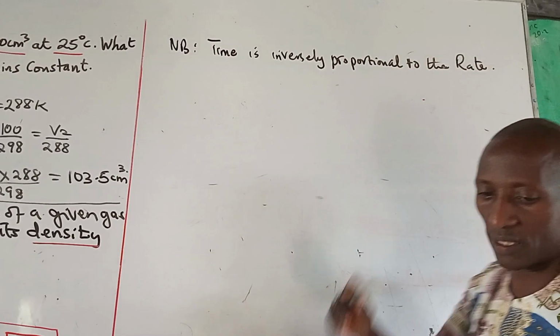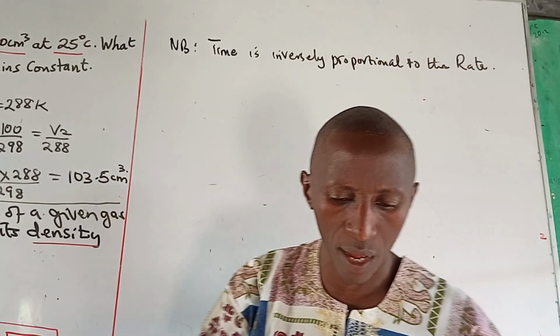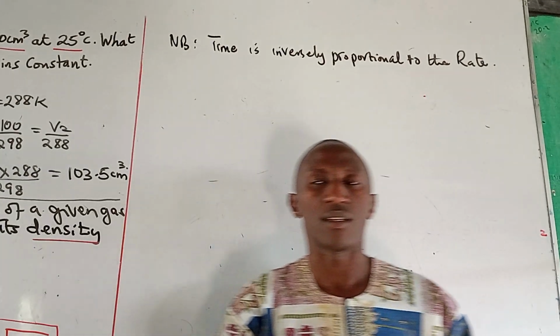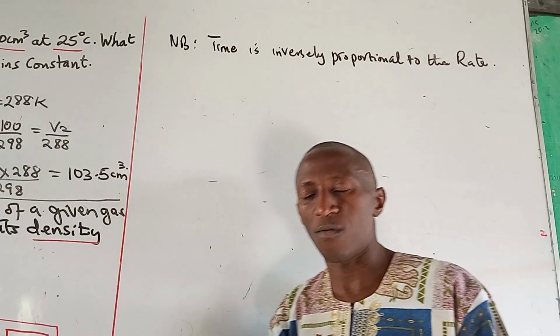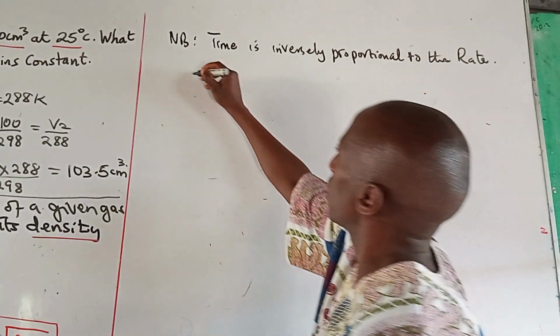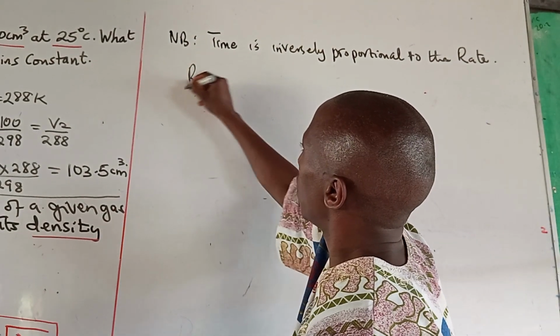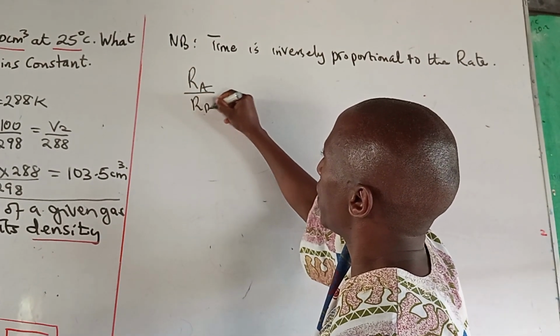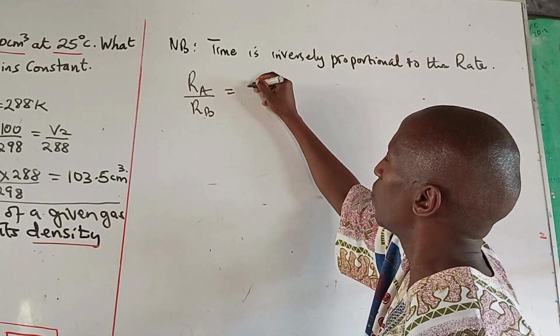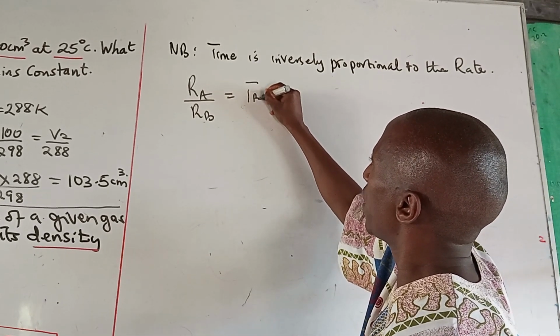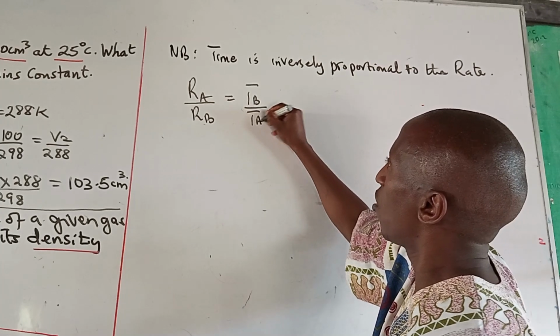And what does that mean? It means that when you have the rate of A to the rate of B, it is equal to the time of B all over the time of A.